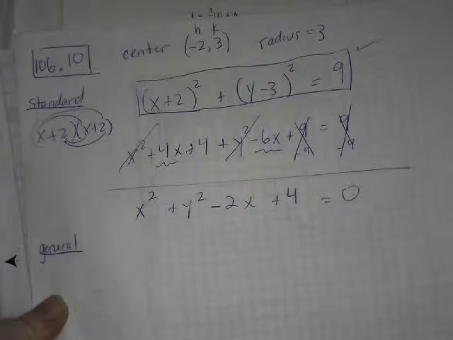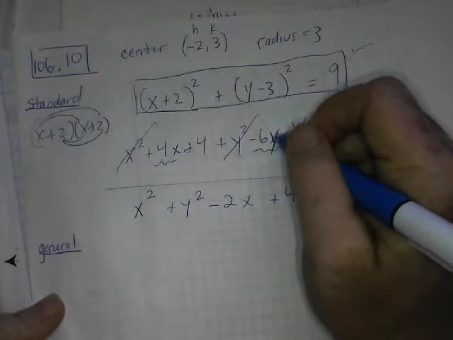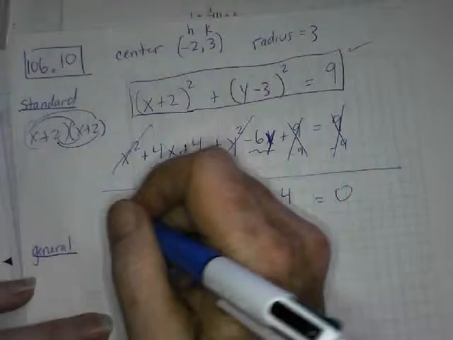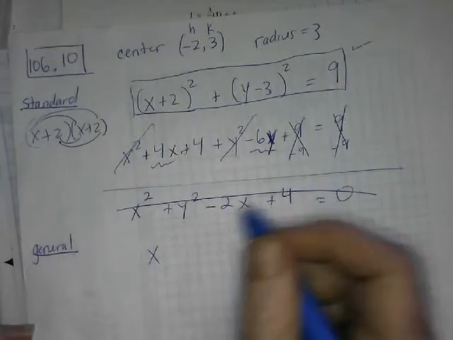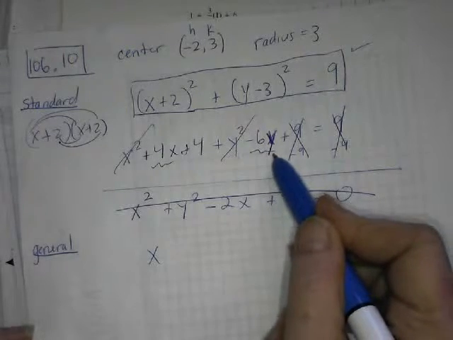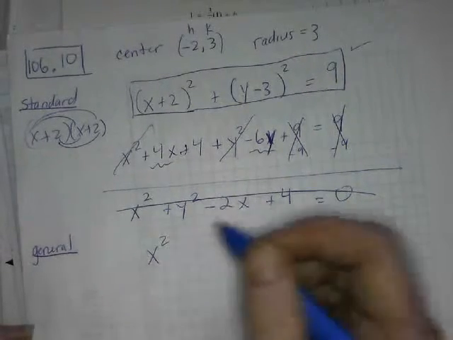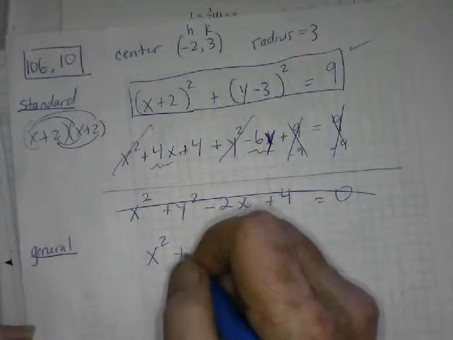Number 10. 4x, 6y. Oh my gosh, it's riddled with errors. Okay, x squared. That was supposed to be a y. I'm sure you guys already saw that a long time ago. So embarrassing.